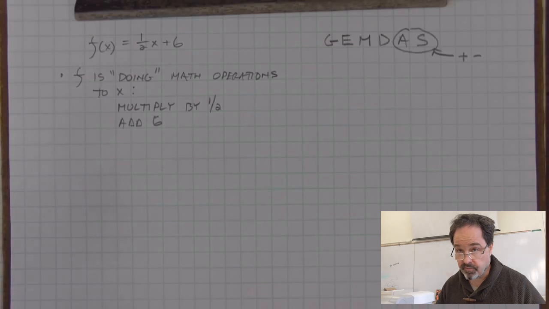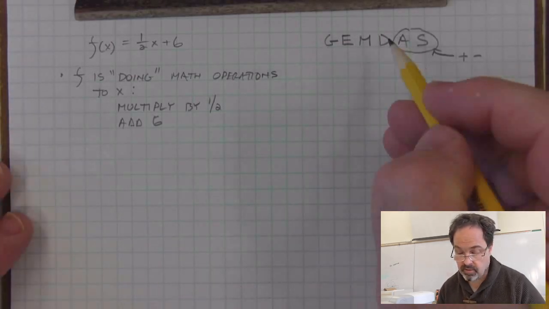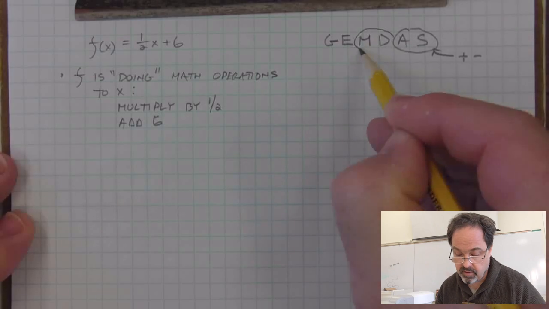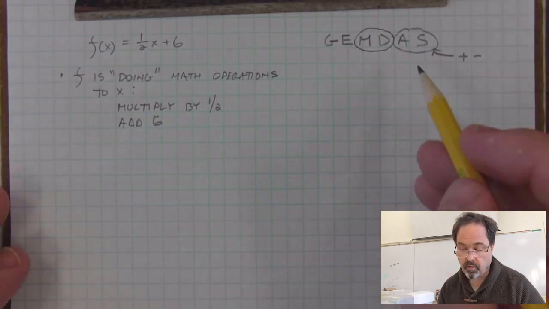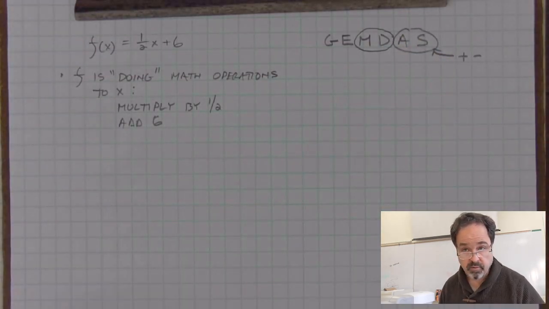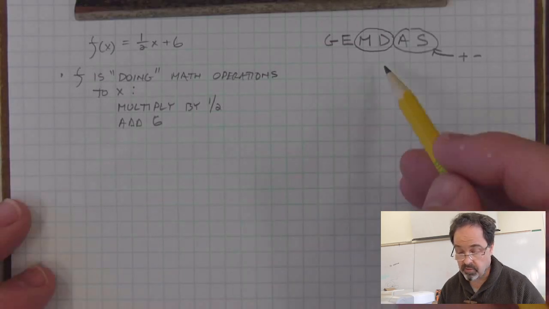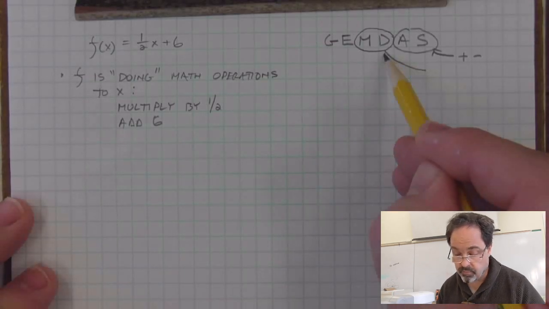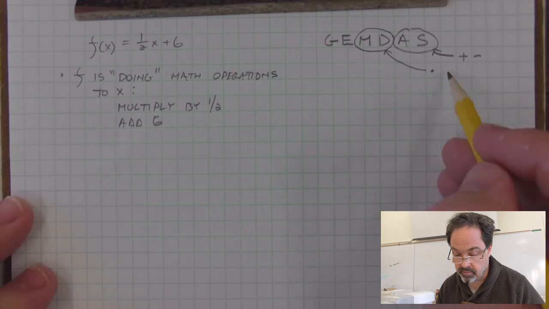Addition is not really done before subtraction. Addition and subtraction are done at the same time as you read them in the equation from left to right. Likewise, M and D for multiplication and division are inverses of each other. They're done at the same time as you'd read them from left to right.